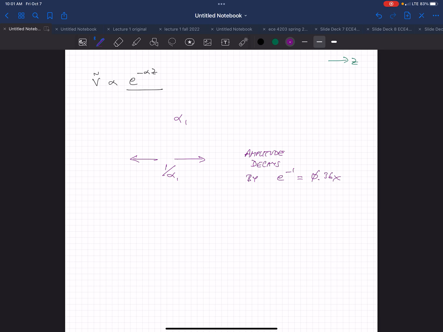So if you had 1 volt into this lossy transmission line, 1 over alpha later, you'd only have 0.36 volts coming out.